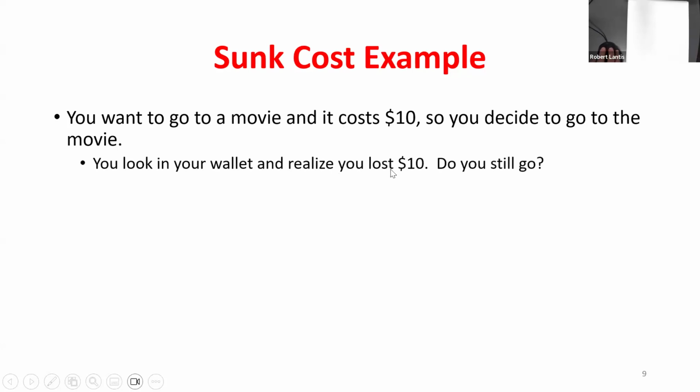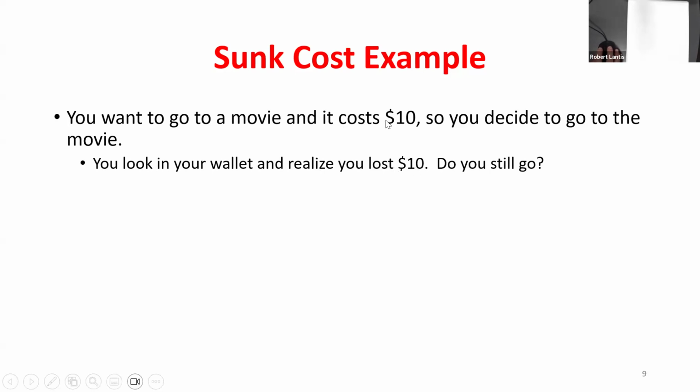So I look at my wallet and I realize I lost the $10 that I was going to spend on that. Do I still go? Well, if I choose not to go, what's my payoff? -10. I already lost the $10. If I choose to go, well, before, we said it must mean the marginal benefit was greater than the marginal cost of 10.